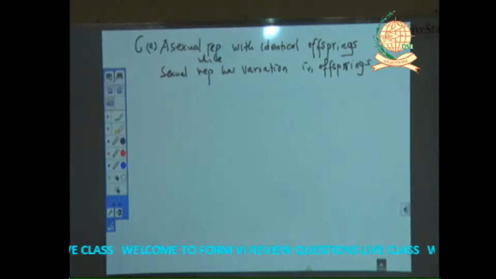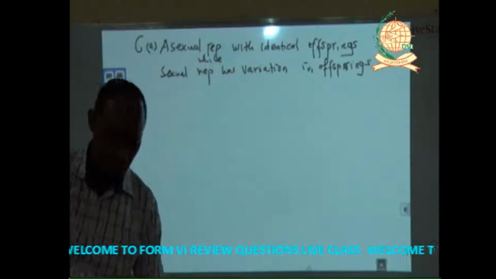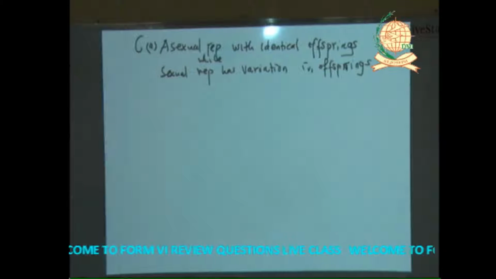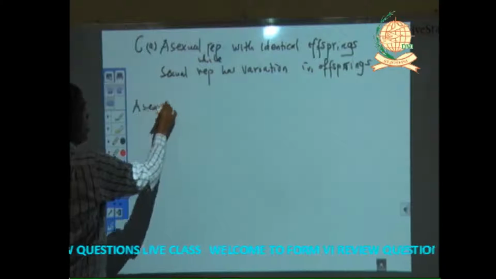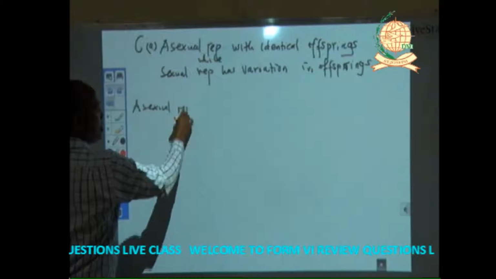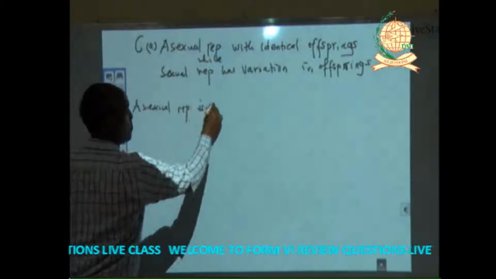Then the second is to draw the diagram of human spermatozoa. Let's start with the first one, asexual reproduction.